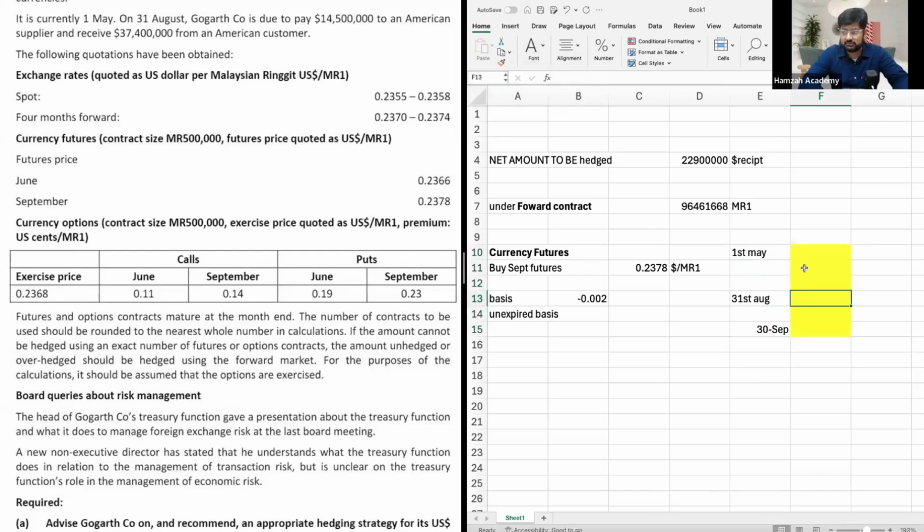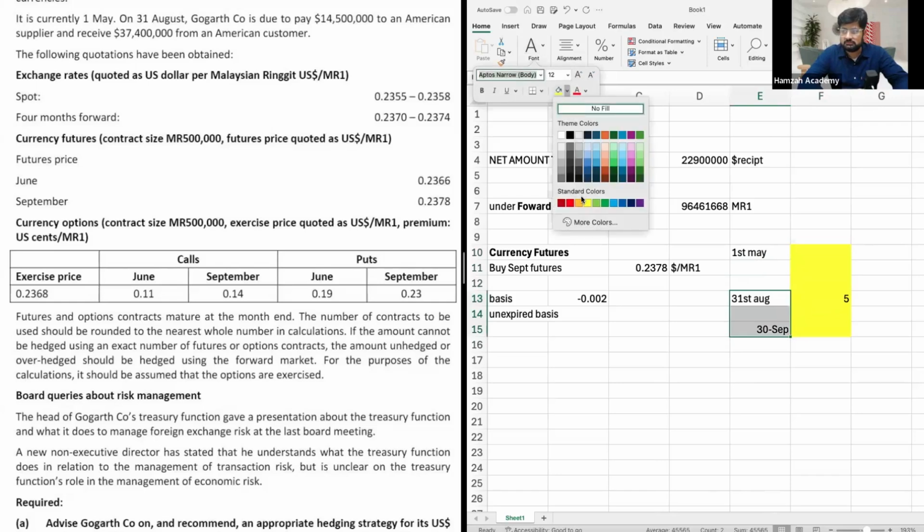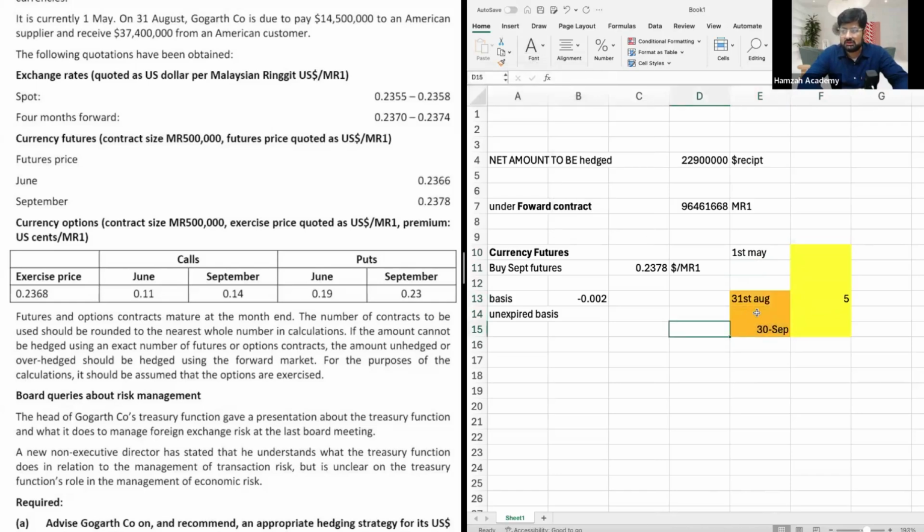How much is the duration? May to September, 5 months. What is the remaining time? This one, it is 1 month. So 1 by 5.